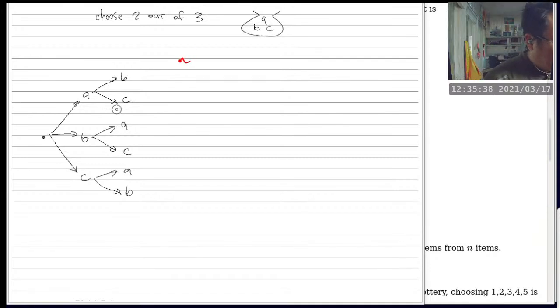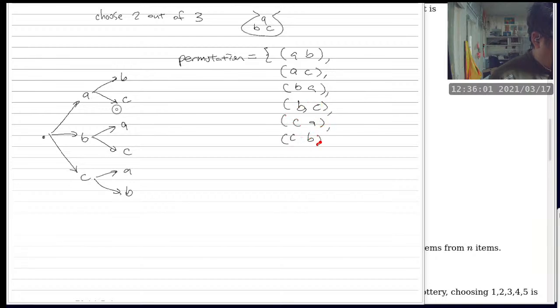So in terms of permutations, we end up with AB, and once again, I'm not using the extra comma in this case just because it takes too much time. BA, BC, and then we have CA, and then we have CB.